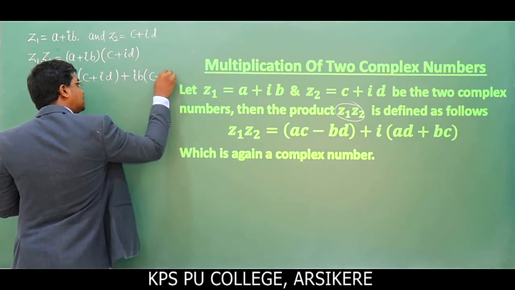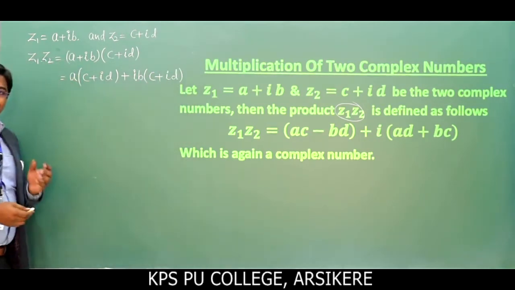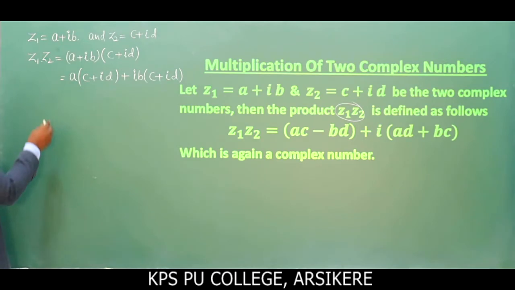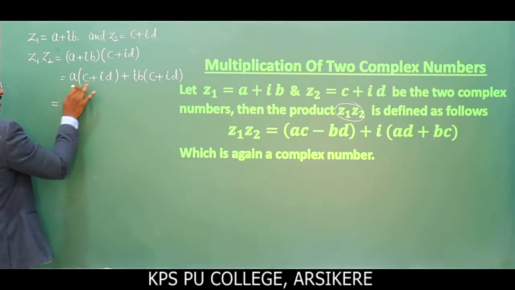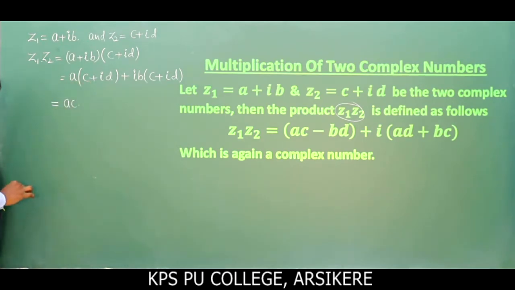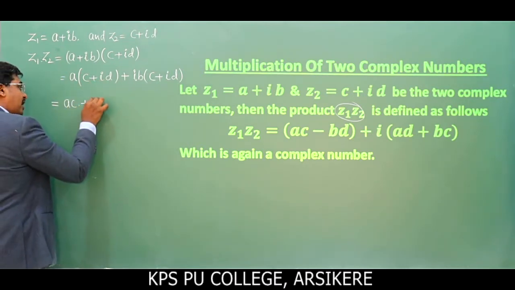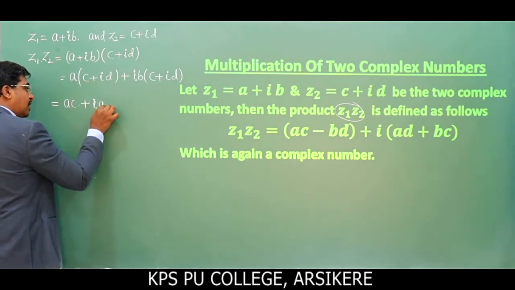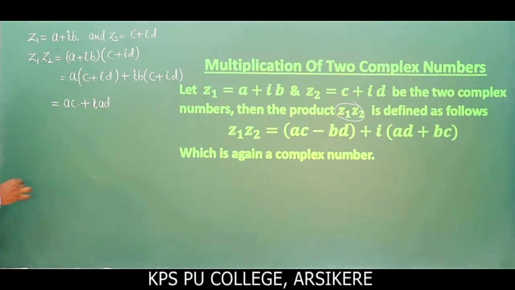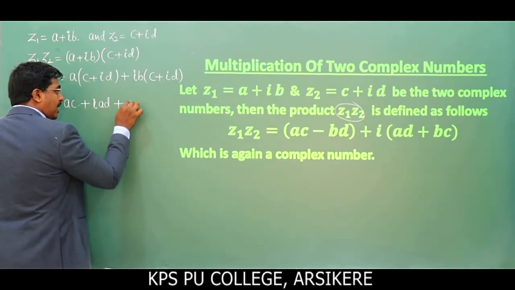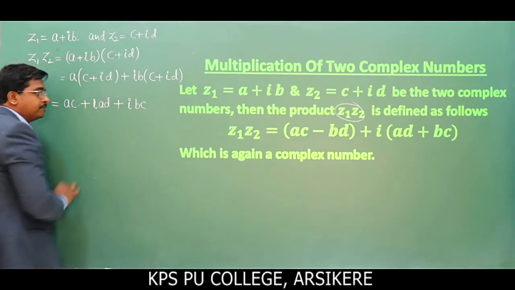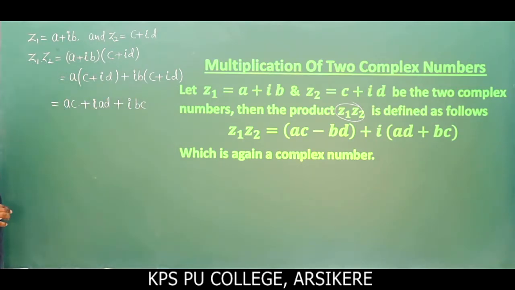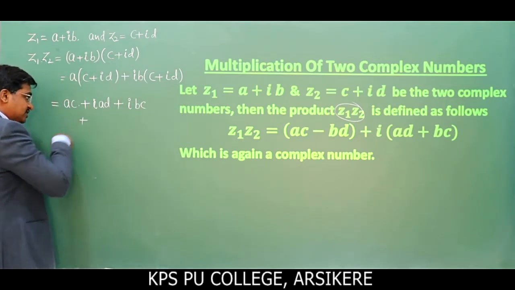Now next is simplification. Which is equal to a into c becomes ac plus i times of a into d becomes ad, plus i into bc. This is very important.